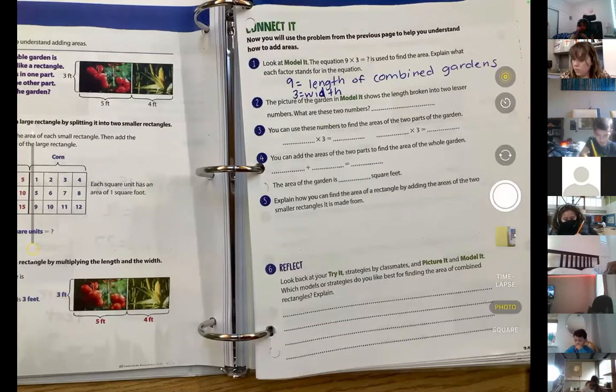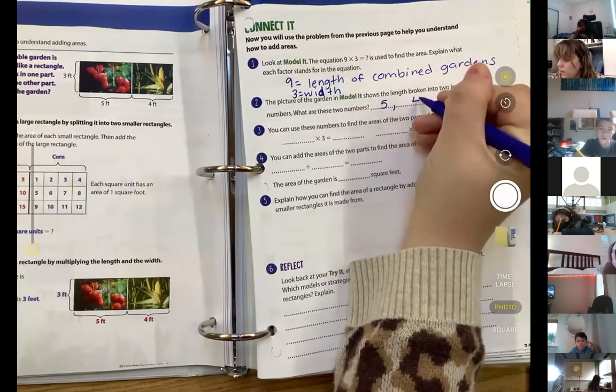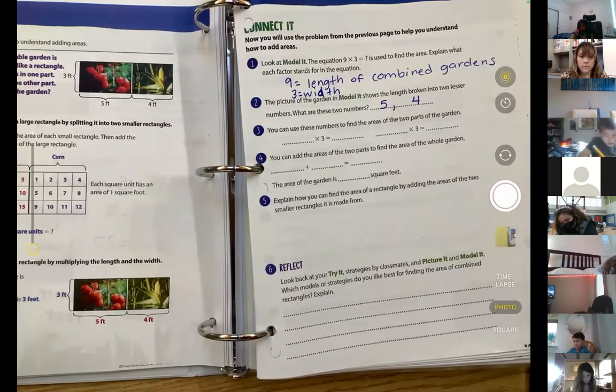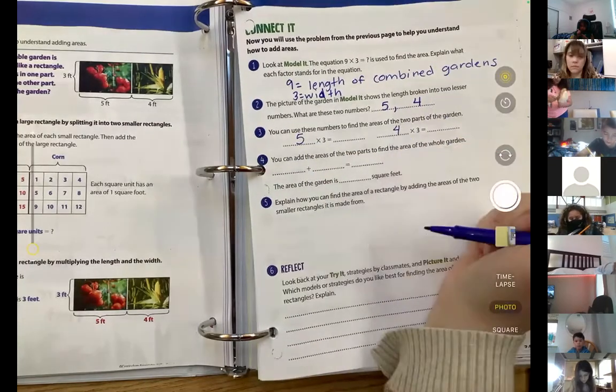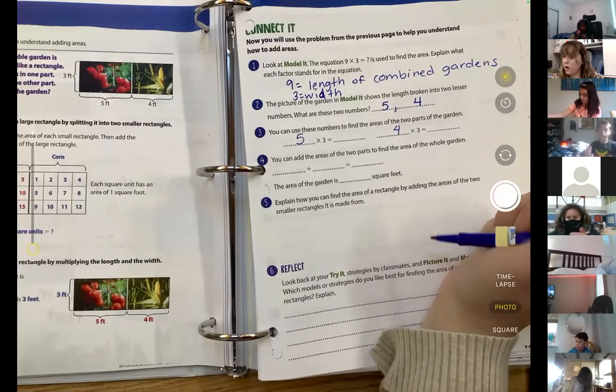Okay, and then when we had the 2 rectangles, it broke it into 2 numbers, which is 5 and 4. So then we can use those numbers. So we're basically gonna just transfer them down. Right? And then we already solved these.